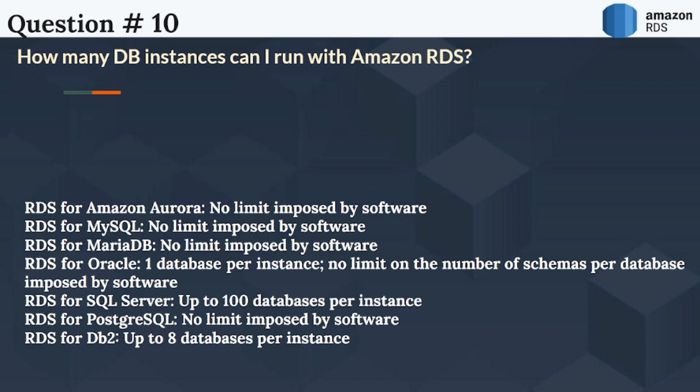RDS for Oracle: one database per instance, and no limit on the number of schemas per database imposed by software. RDS for SQL Server: up to 100 databases per instance. RDS for PostgreSQL: no limit imposed by software. RDS for DB2: up to 8 databases per instance. Let's see the next question.